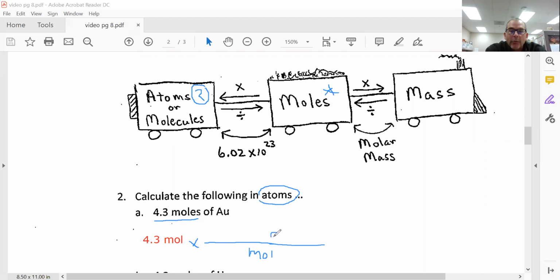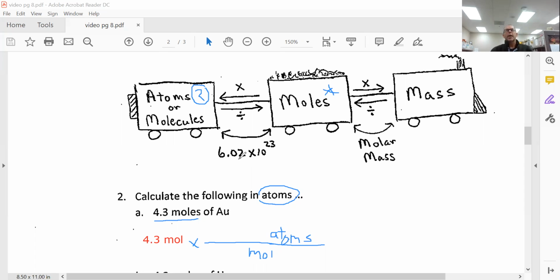I'm just giving myself a little bit of room to write here. So wherever you come from goes on the bottom. Whatever you know goes on the bottom, which is moles in this case. And wherever I'm going to goes on top.